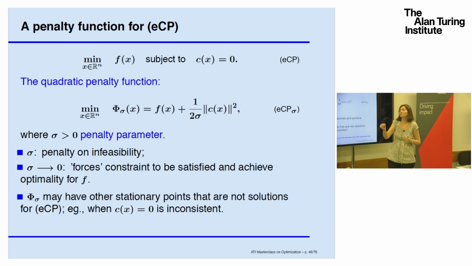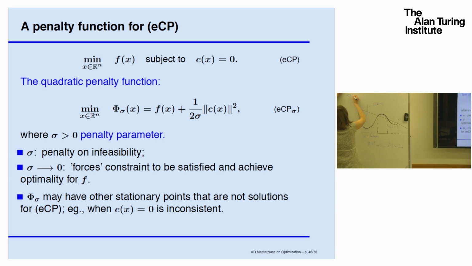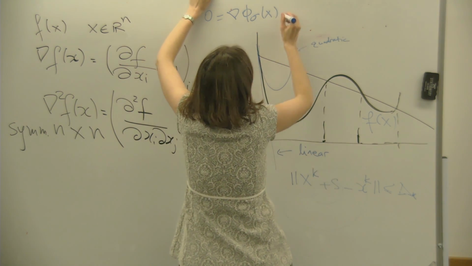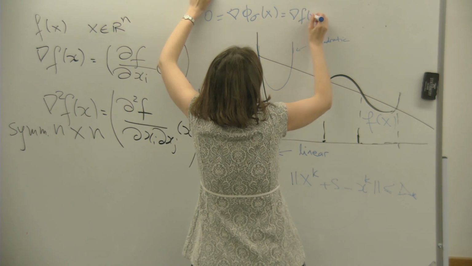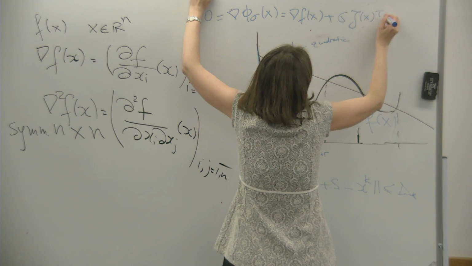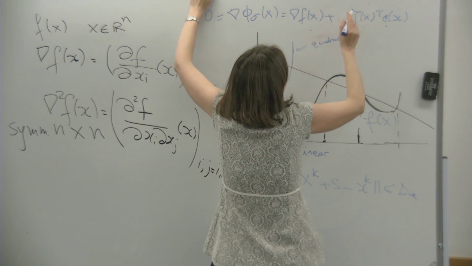I can prove to you, but I can't because I don't have time, that the stationary points of this function, so grad phi of this, is actually the first KKT condition. Actually, I can give you this right now. So grad phi of sigma, this is stationarity for my phi, right? It gives me grad of f plus 1 over sigma J(x) transpose c(x).